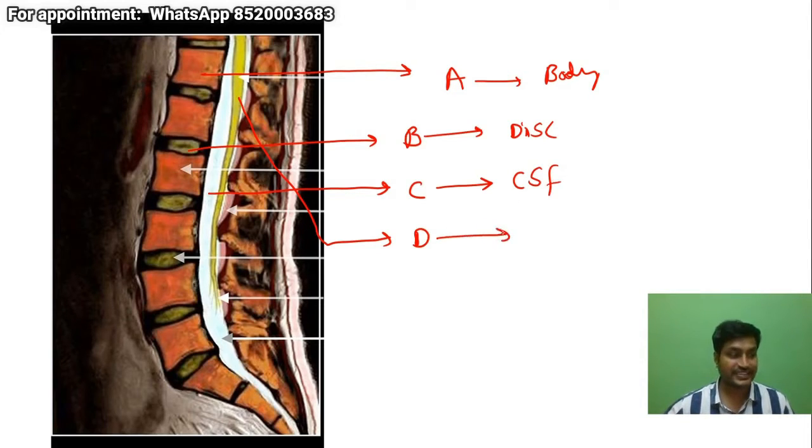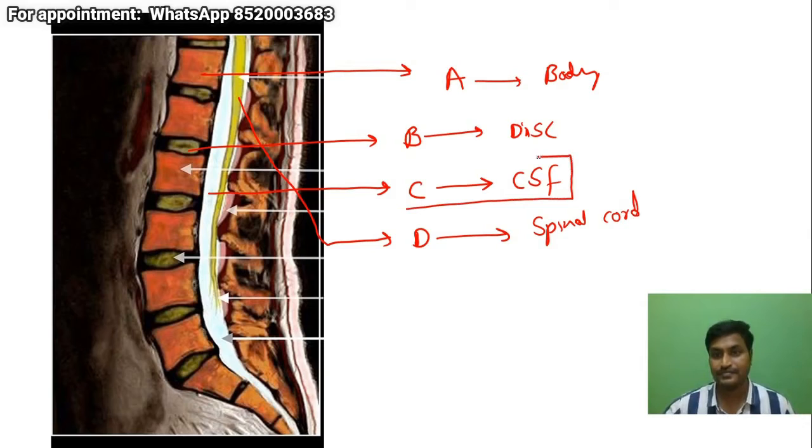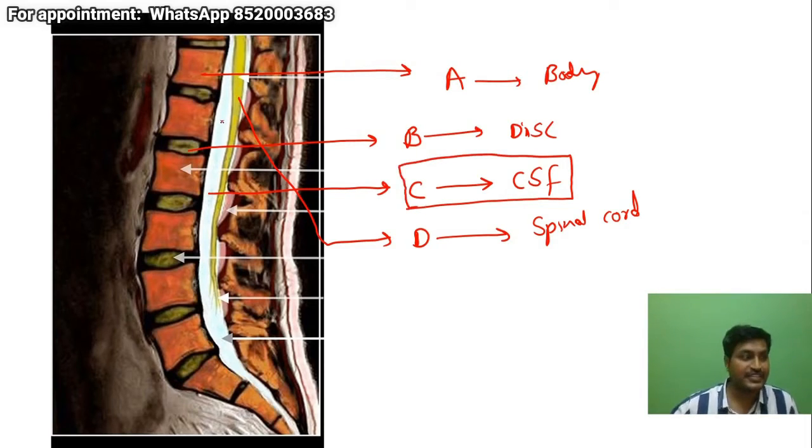What is D? D is spinal cord. Everyone is right. I want you to concentrate on C. So C is CSF. CSF is white in color.